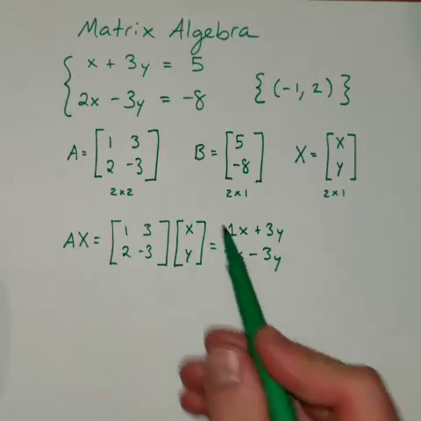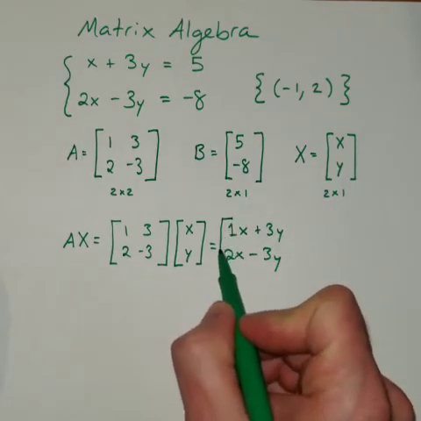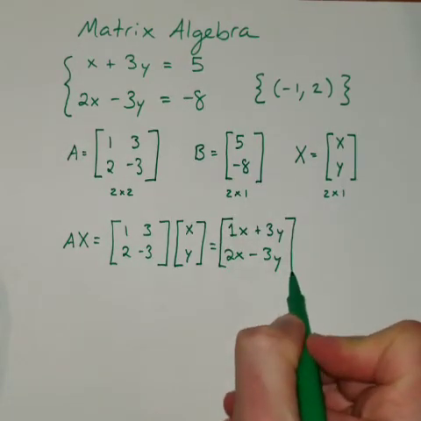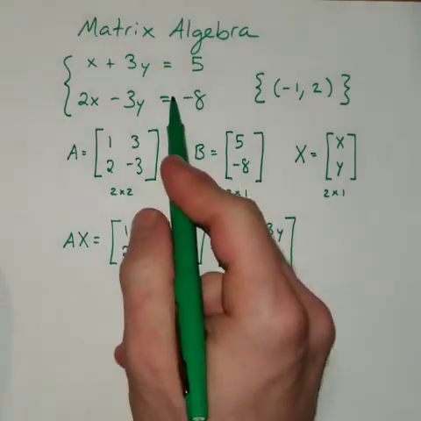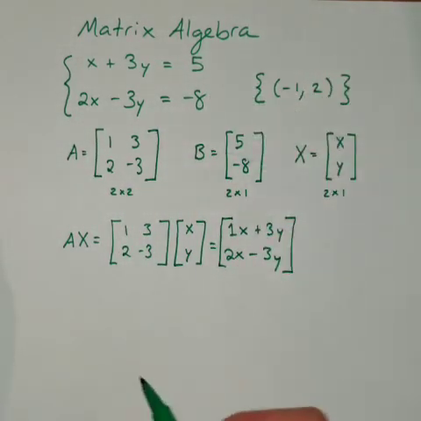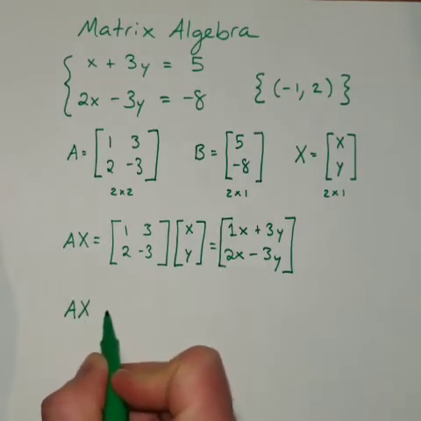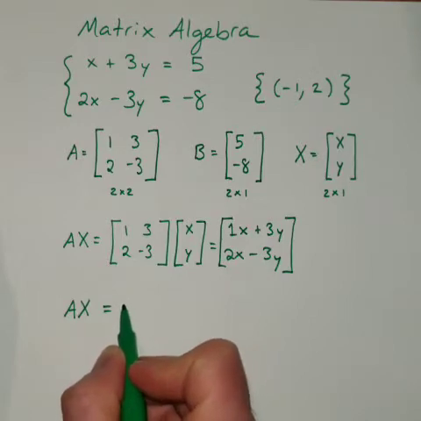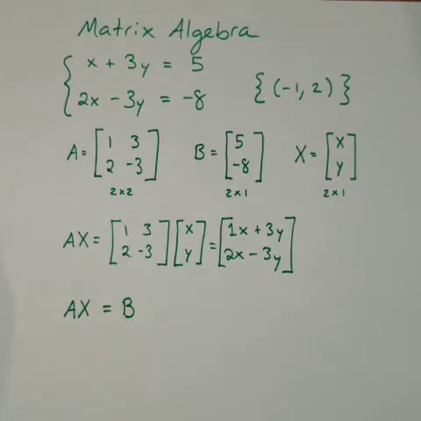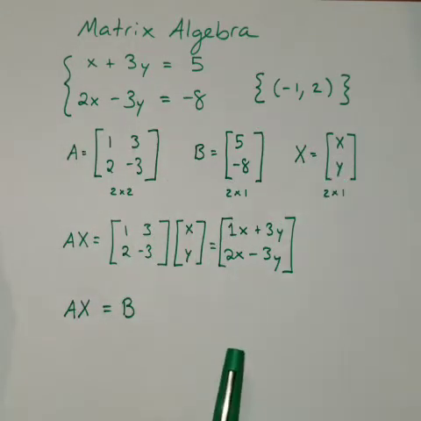Now it's interestingly equal. Now this is a new matrix, and it needs to be equal to the B matrix, right? It's equal to these 2 numbers here. So what's interesting is that the AX matrix together should equal the B matrix. Now in solving a system of equations, we're looking for the x and y values.